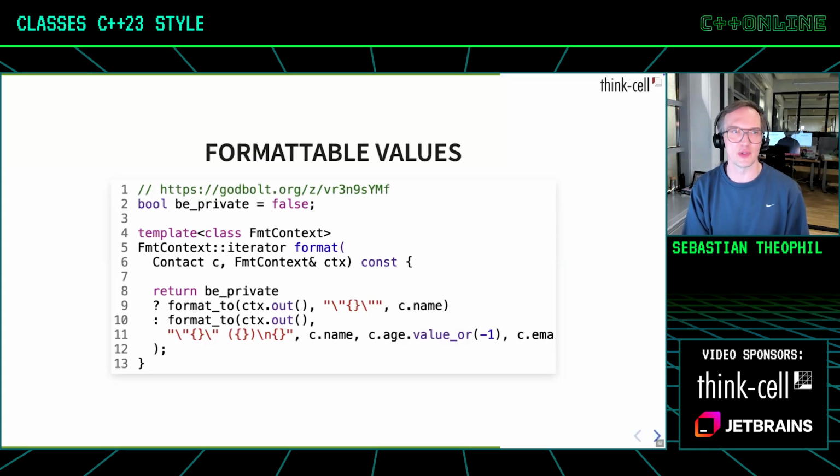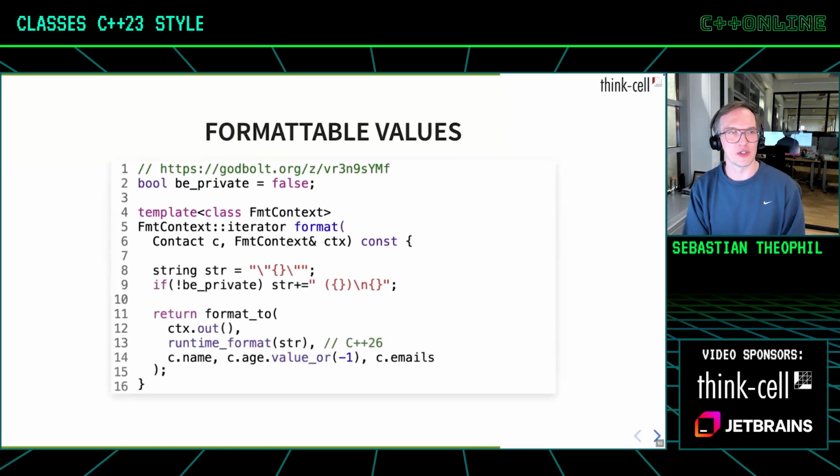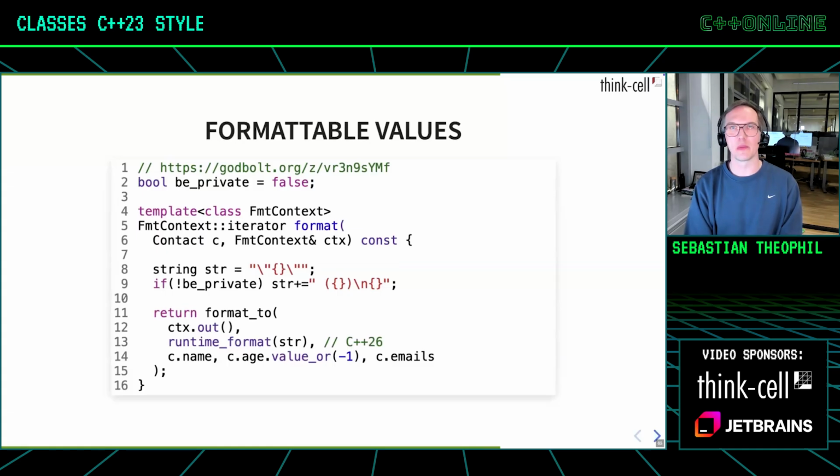Sometimes you just don't have those format specifiers at compile time, but you have to generate them dynamically. I also have an example for that. So here I want to implement that privacy feature at runtime by building a format string at runtime. And in C++26, there will be this std::runtime_format, which will allow you to pass a format specifier that has been created at runtime instead of at compile time.